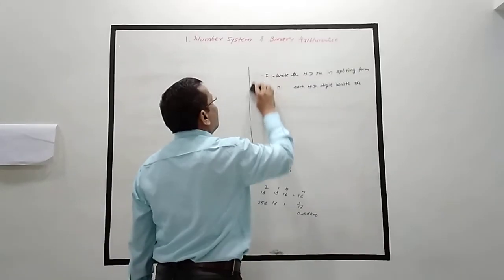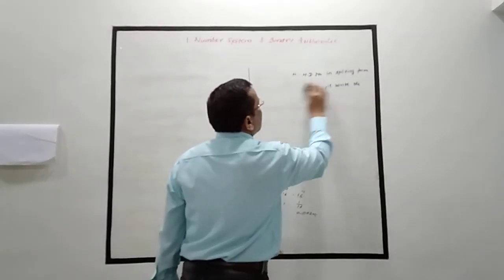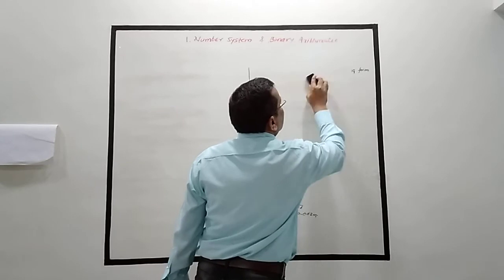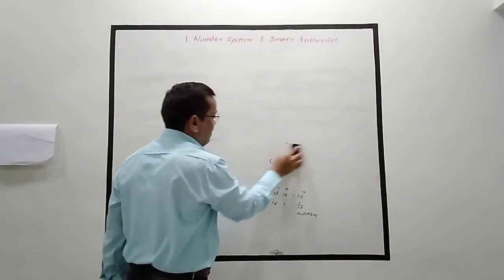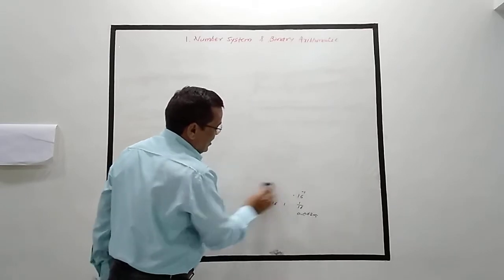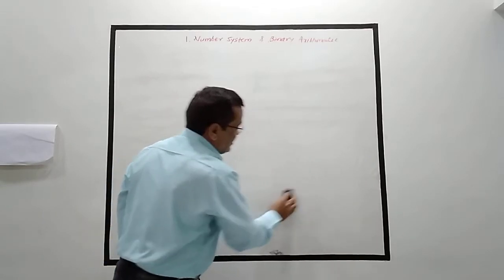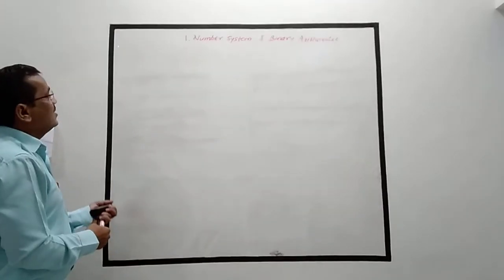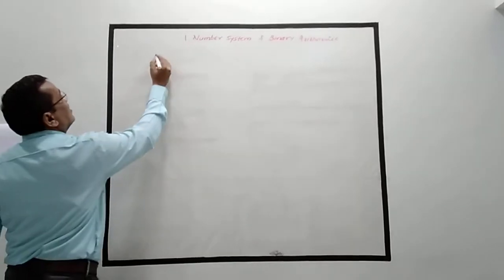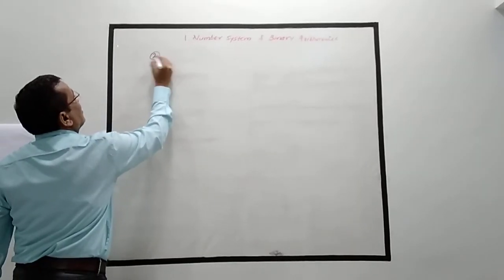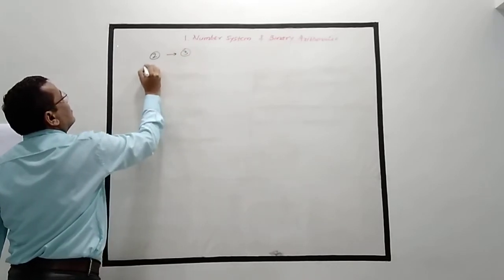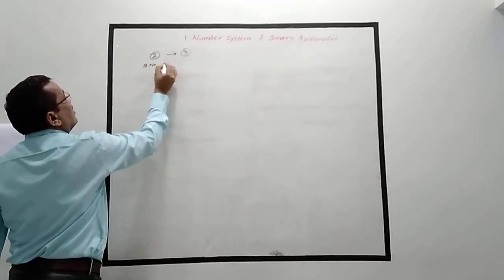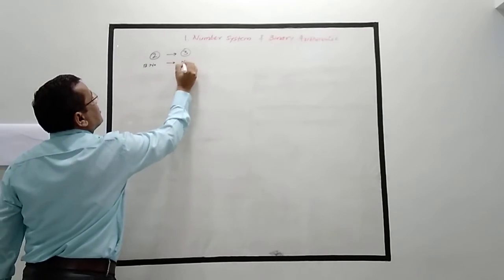The second number system is converted into the third number system. Binary to hexadecimal number system. 2 into 3, that is binary number into its HD number.